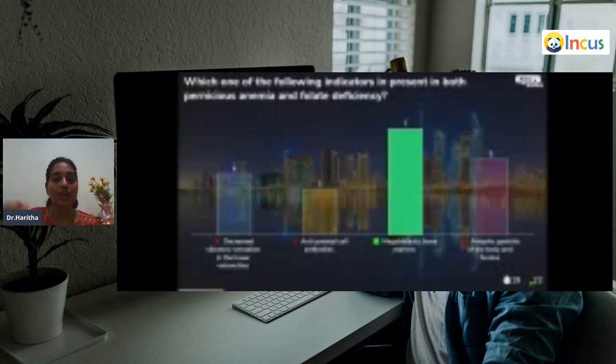Loss of parietal cells also causes atrophic gastritis of the body and fundus, which increases the chances of gastric adenocarcinoma. So megaloblastic bone marrow is seen in both pernicious anemia and folate deficiency.